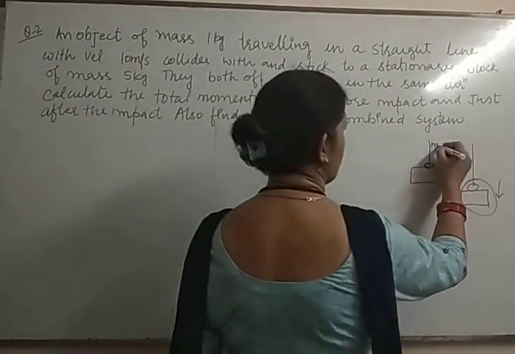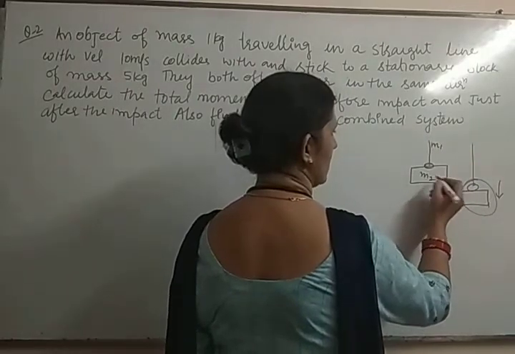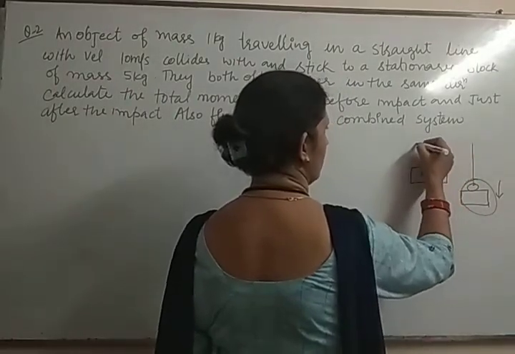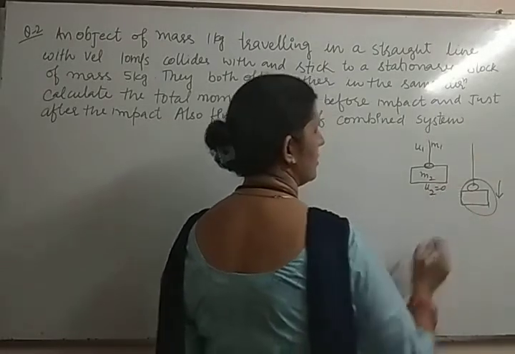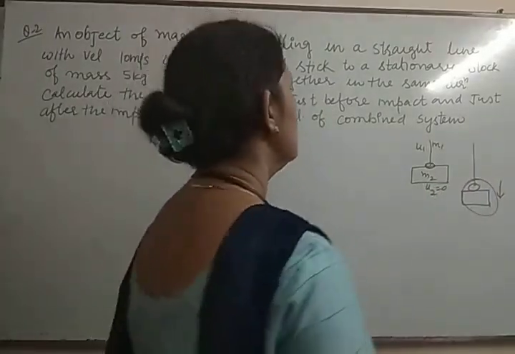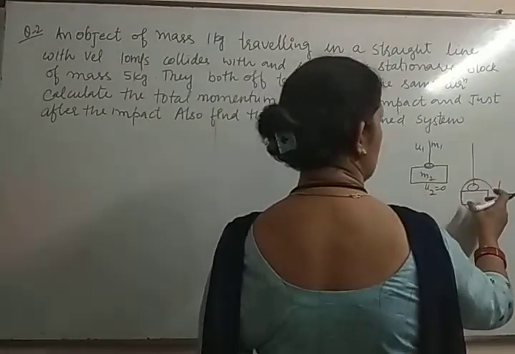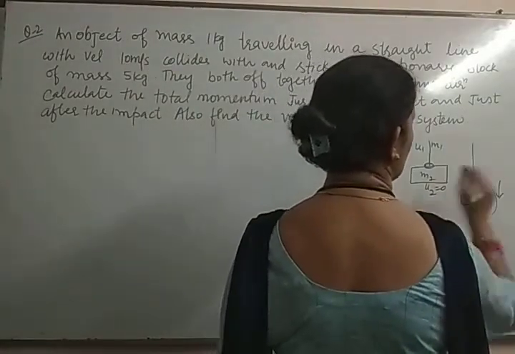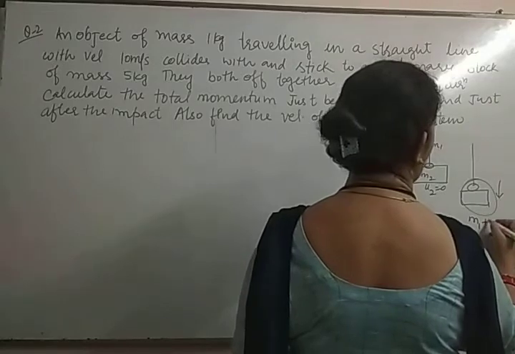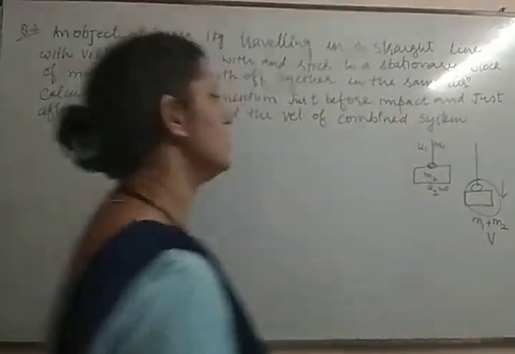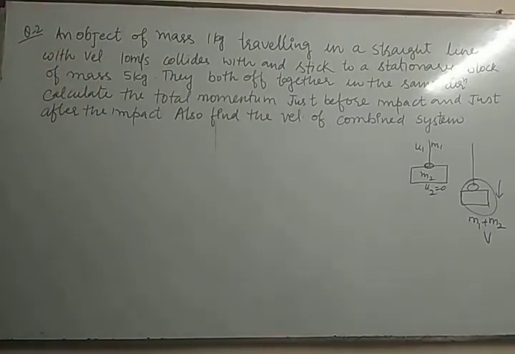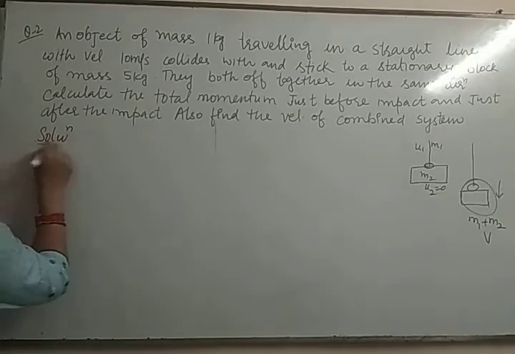What are the masses here? First object m1, second object m2, velocity of first object u1 and second object is at rest, so its velocity is 0. And when this sticks to the block, the total mass will be m1 plus m2 and the final velocity of the system will be v. So write down all the parameters which are given to you.